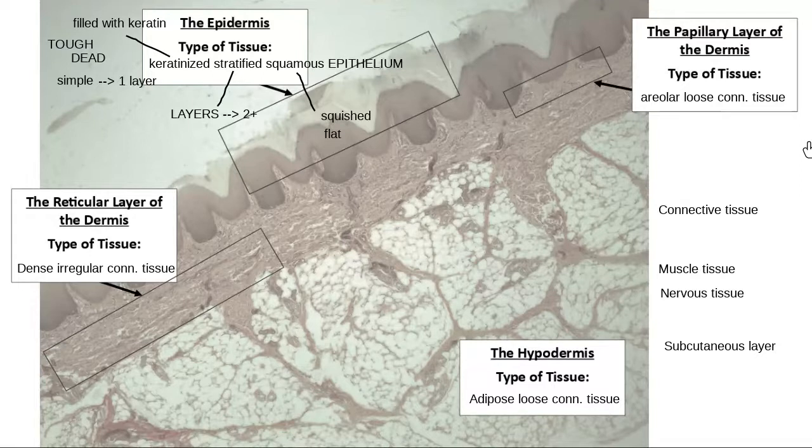All right. Well, since we're talking about the skin already, let's go ahead and work our way through the skin packet. We're going to start with, I think, page 1 or page 2 for you all, where you have this picture that we see right here.